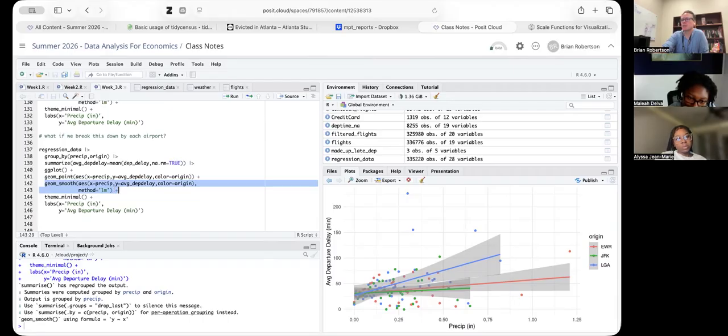Does it tell us our statistical significance? No, it doesn't. We can go into that on Monday. But if you just want a line of best fit through the data to see the overall trend, we can use this geom smooth function to do the heavy lifting for us.